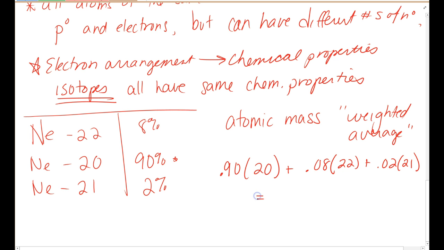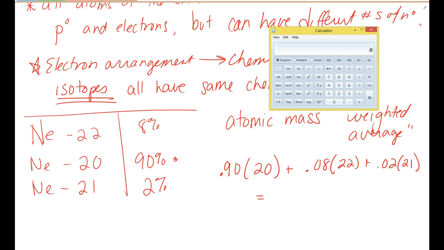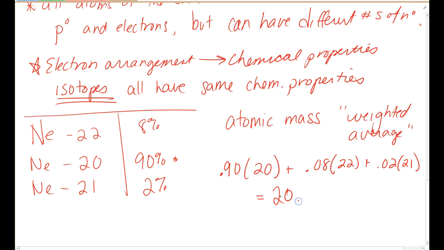When we do that math, which I'm going to do right here, we take 0.9 times 20 plus 0.08 times 22 plus 0.02 times 21. We get an average atomic mass of 20.18.